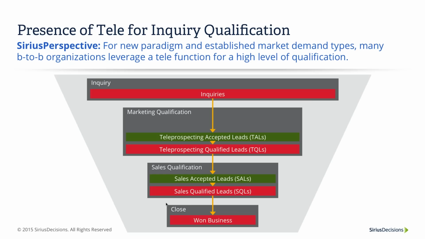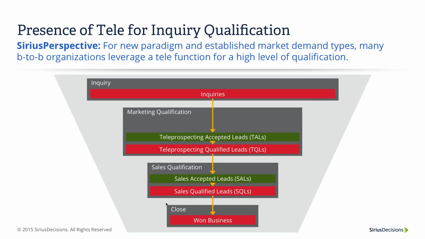Now, a lot of teleprospecting teams that are in place also complain about spending a lot of time calling numbers that are either incorrect or leads that turn out to be not leads. Perhaps they're students just trying to do some research or they're competitors trying to get information. And so it's important, as you look to make that teleprospecting function more and more efficient, that they also have the opportunity to have an acceptance stage.